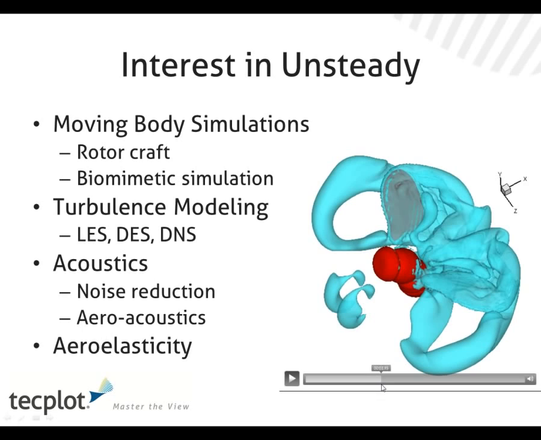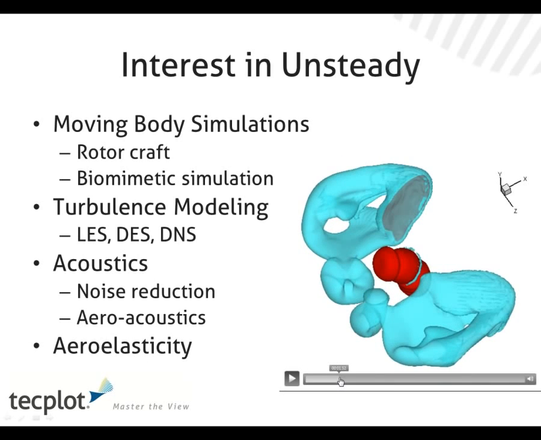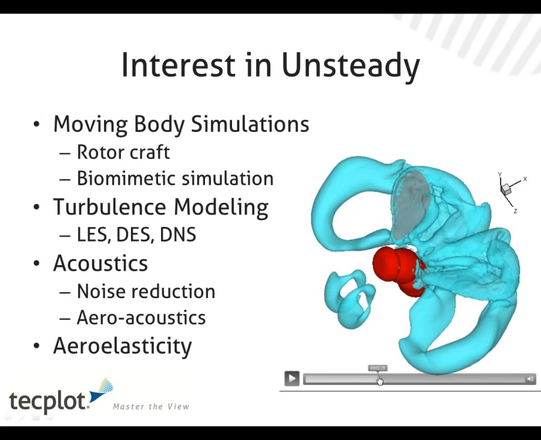On the moving body simulations, obviously a very common one is rotorcraft, helicopters, and at times the performance of these vehicles. There's obviously a lot going on fluid dynamically on this fruit fly to our right.